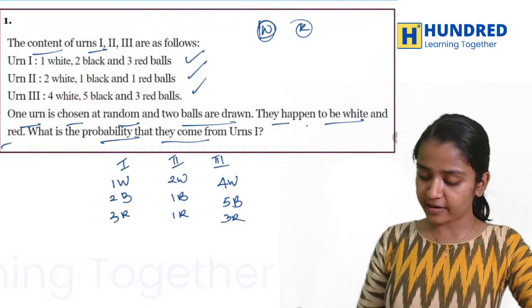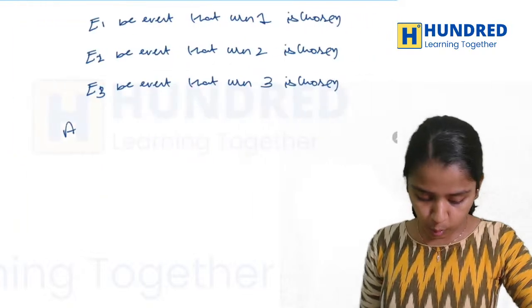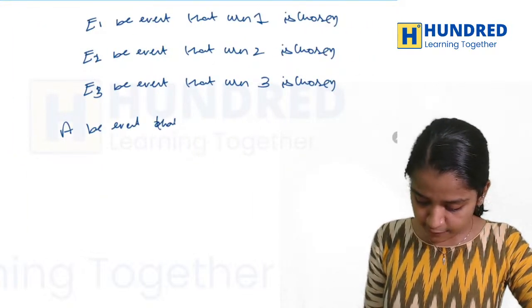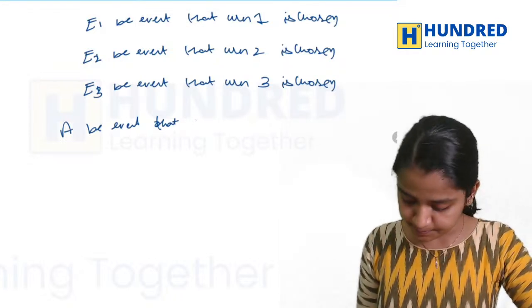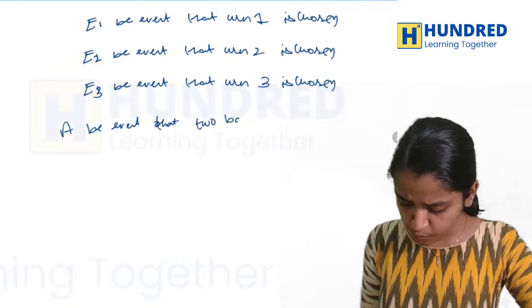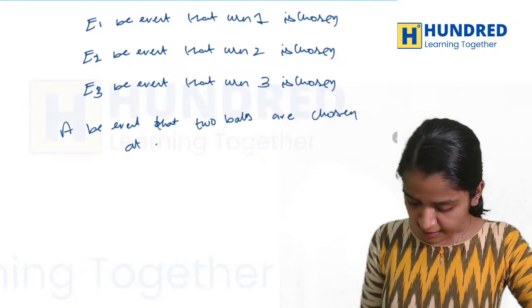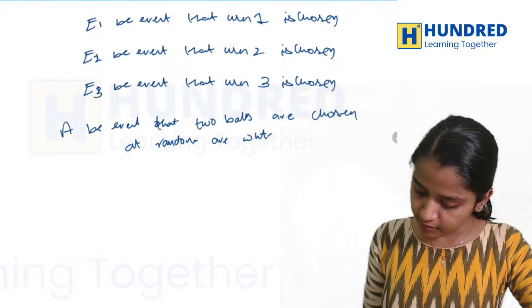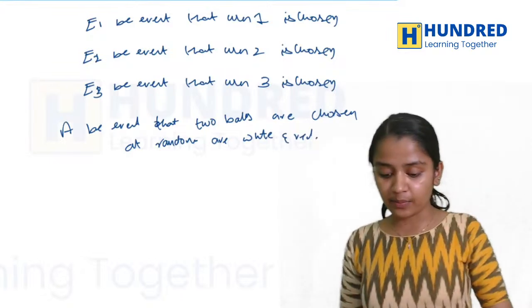A is the event that the two balls chosen at random are white and red. So we have found our A.